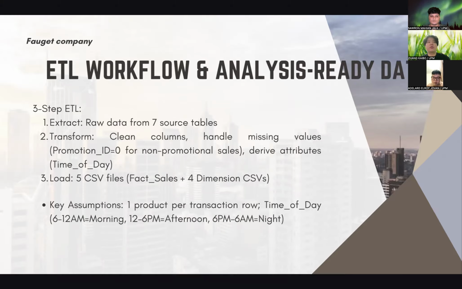We took data from 7 original tables. Then transform. We clean the data and flag the missing info, like giving non-promotional sales a promotional ID, and made new fields like time of day.